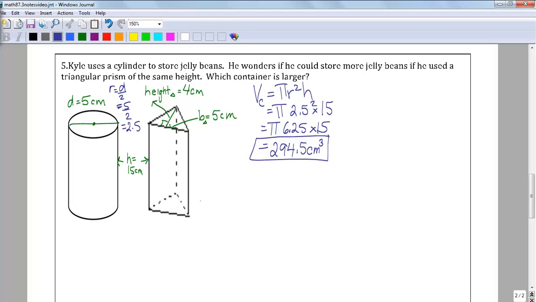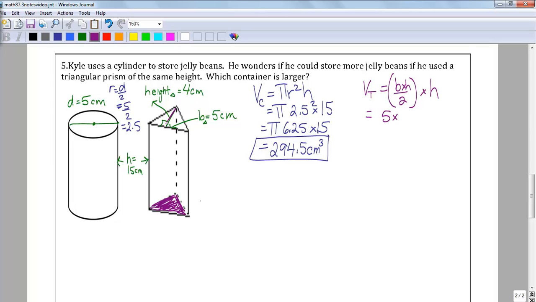Okay, let's do a little bit of review and see what you remember about the volume of the triangular prism. So I'm going to say volume T. So volume of the triangular prism, you find the area of that base, and if it's a triangular prism, the base is a triangle. So that means it's base times height divided by 2. You find that, and then multiply it by the big height of the whole thing. So the base of the triangle here is 5.